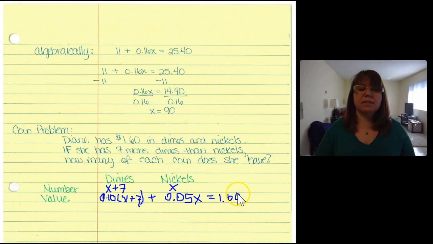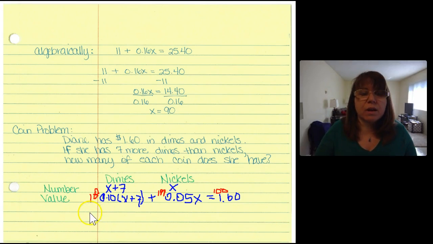$1.60. Now, solving the problem, there's a couple ways we can go about it. We can, again, keep all my decimals, or I can multiply everybody by 100 and get rid of the decimals. So if I multiply the dime value by 100, multiply the nickel value by 100, and multiply the total amount by 100, I will eliminate decimals.